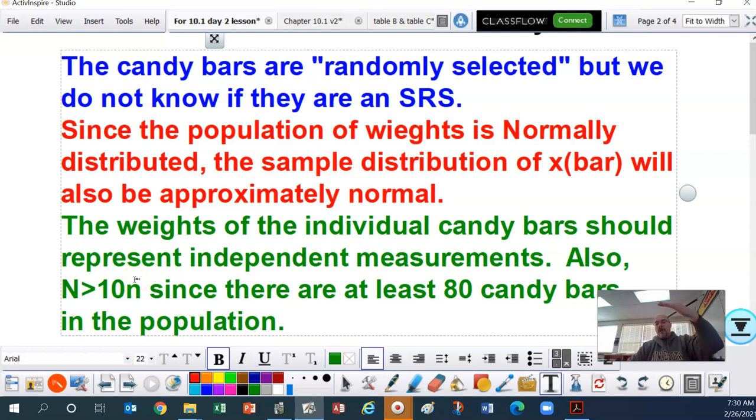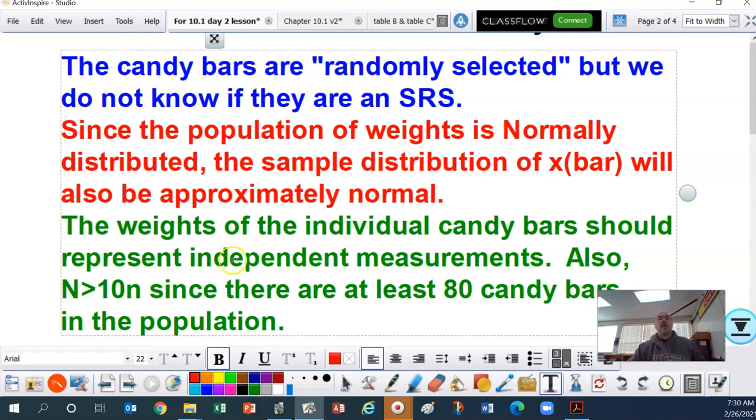All right, so we've got our simple random sample. The candy bars are randomly selected, but we don't know if they are an SRS, a simple random sample, but that's it. Since the population weights are normally distributed, the sampling distribution of X bar will also be approximately normal.